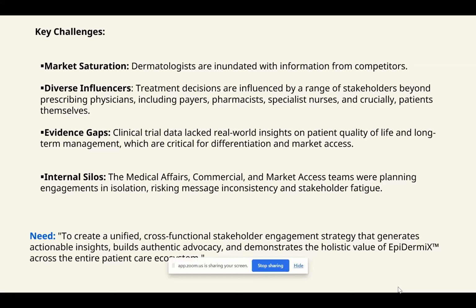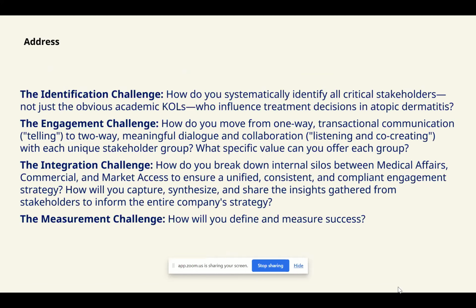With this background, I had also asked you, when you prepare a project plan, to address the identification challenges: how do you systematically identify all the stakeholders, whom you will consider the right stakeholders to be engaged.